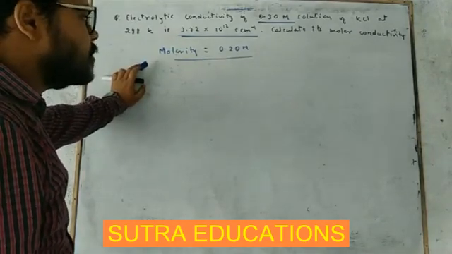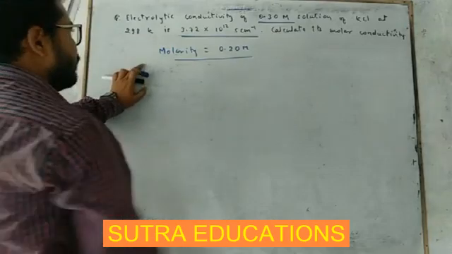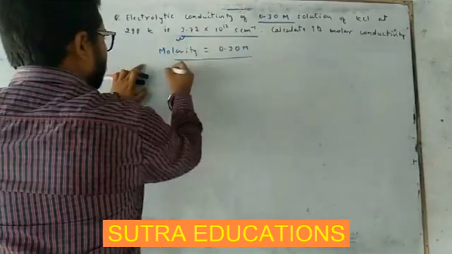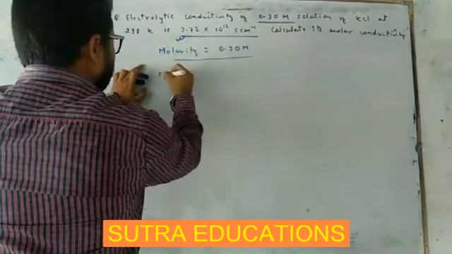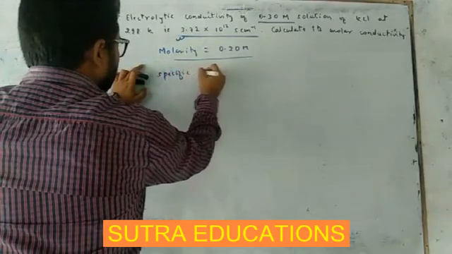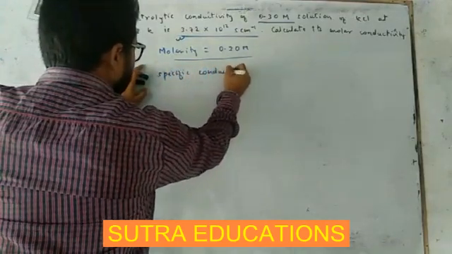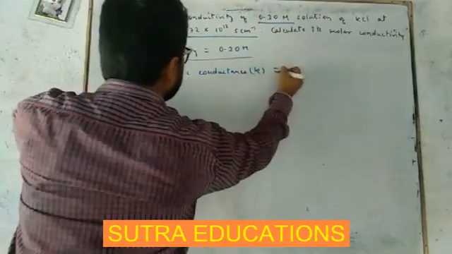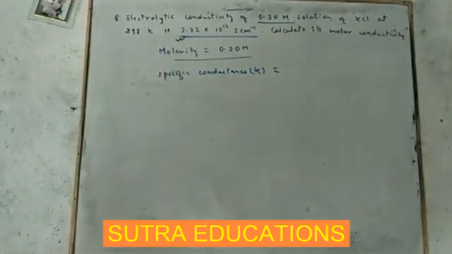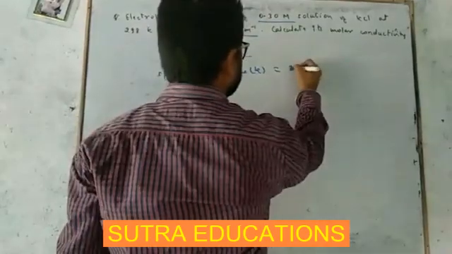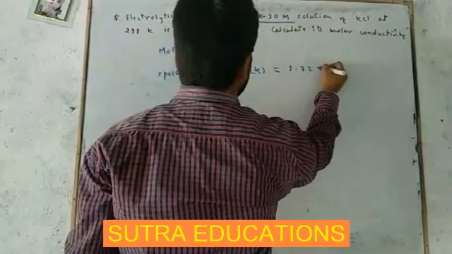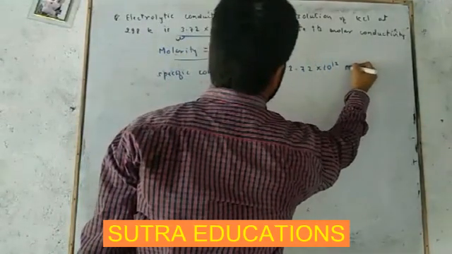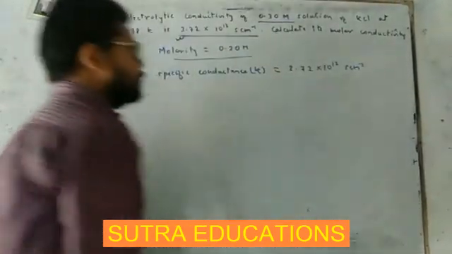Specific conductance means kappa. So kappa is given, which is equal to 3.72 into 10 to the power 12 Siemens centimeter inverse.